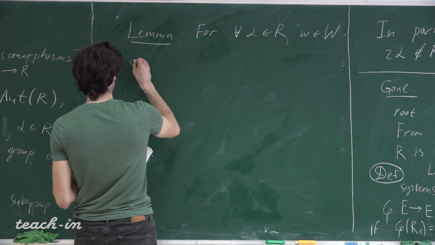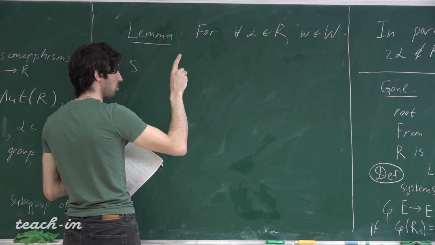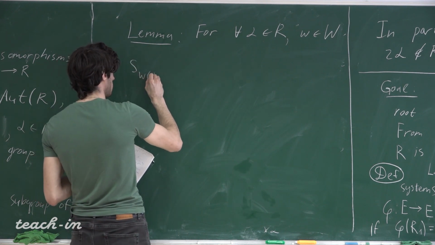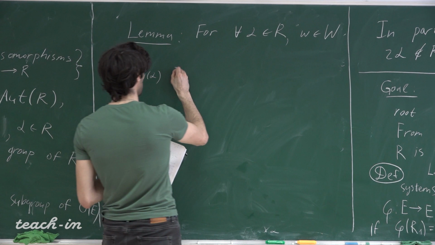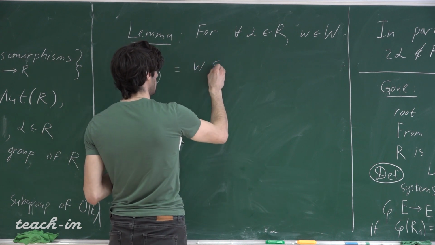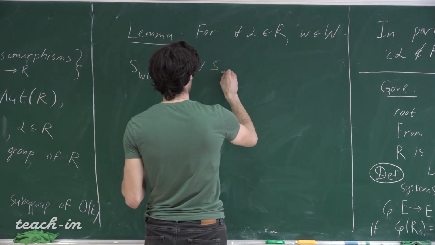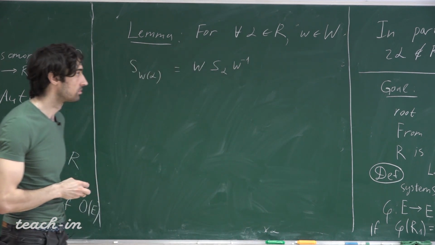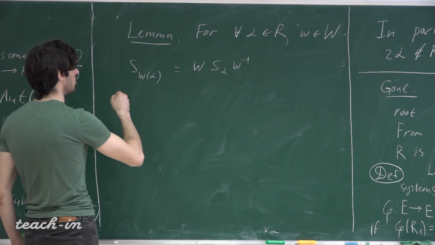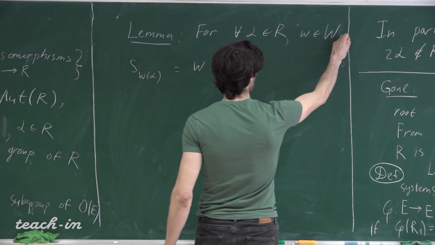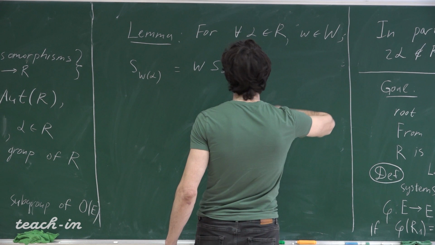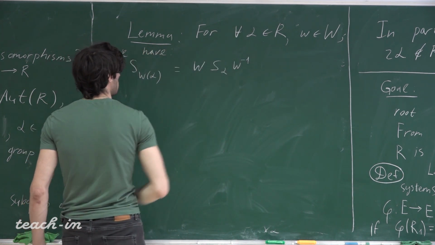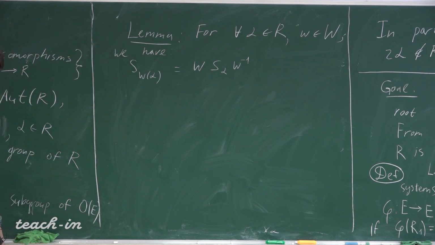If I apply W to alpha and consider the reflection like this, then it's given by conjugation of S alpha with W. So for every alpha and W, we have this. Proof.